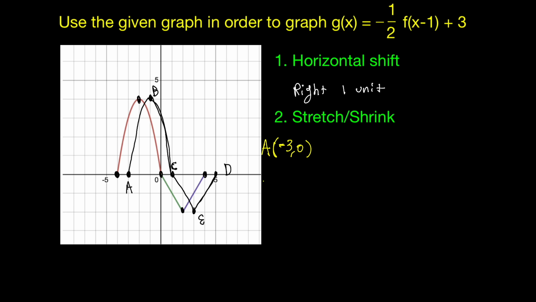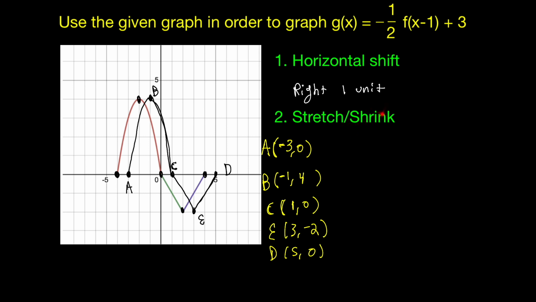So that's A. My B value is going to be at -1, 4. My C value is at the point 1, 0. My E value is at 3, -2. And finally, D is at 5, 0.